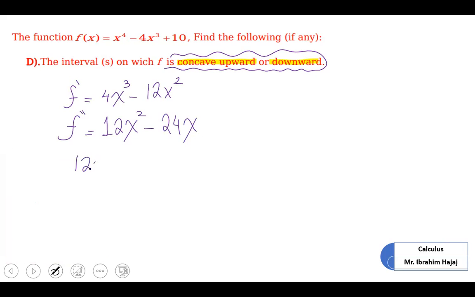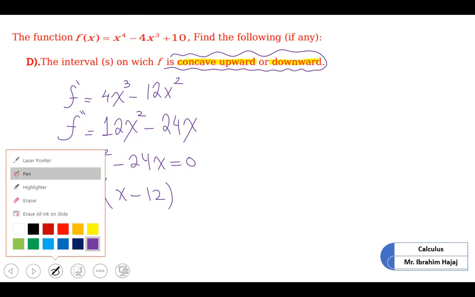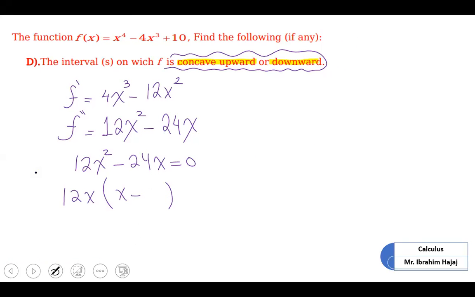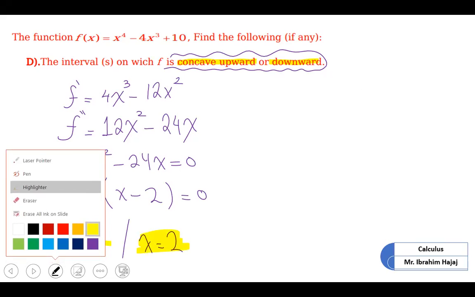Then find your inflection points where the second derivative is equal to 0. I'm going to take 12x as common factor. We have now x minus 2 is equal to 0. So either x equals 0 or x equals 2. Let us check if they are inflection points or not.